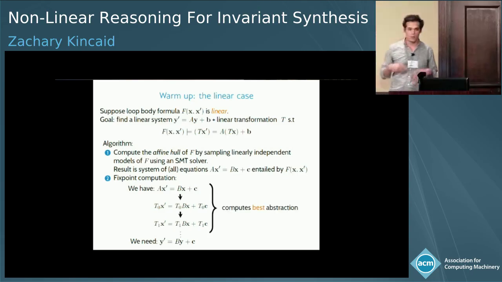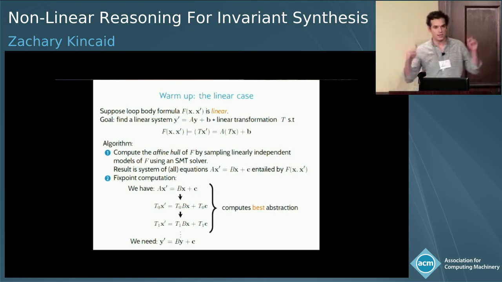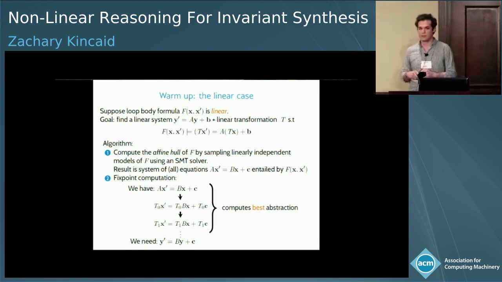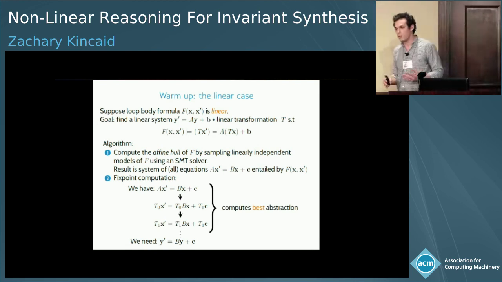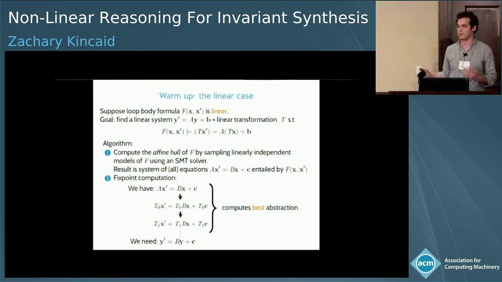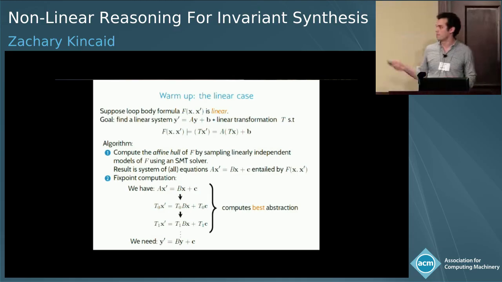So we keep on projecting out equations. At each step, we reduce the dimension of the system, and so eventually we'll converge on a fixed point, and the fixed point will be a system of recurrences. And more than that, it will be the best system of recurrences in the sense that this is the maximal linear transformation, maximal linear system that simulates the dynamics of my formula.